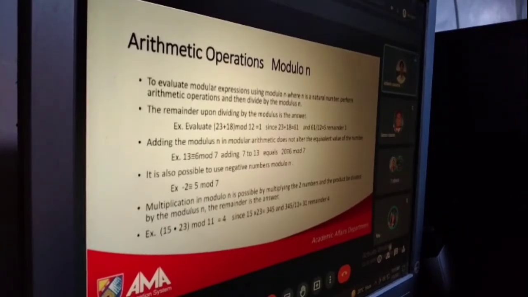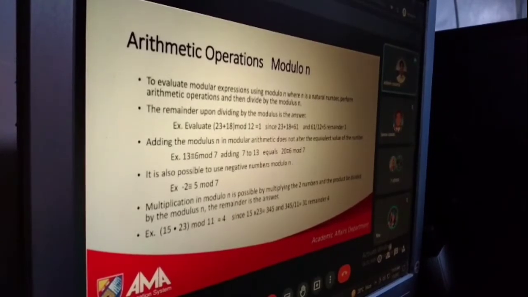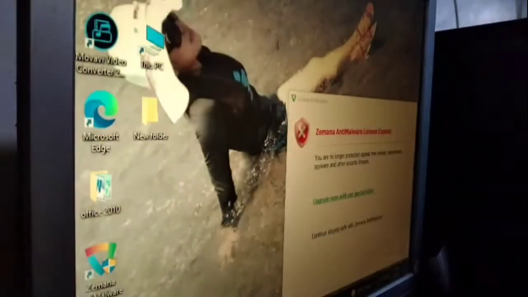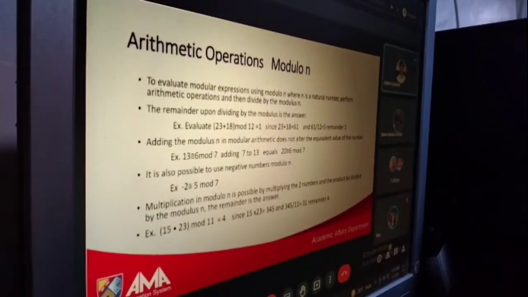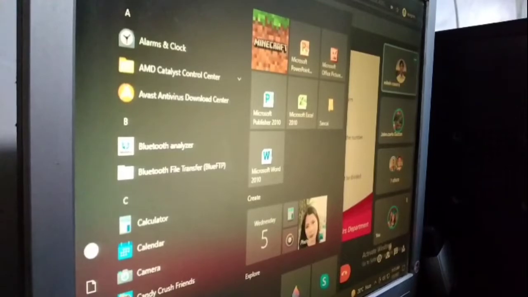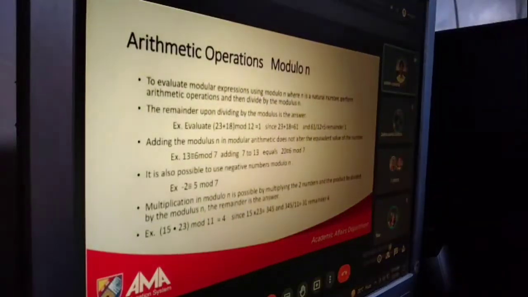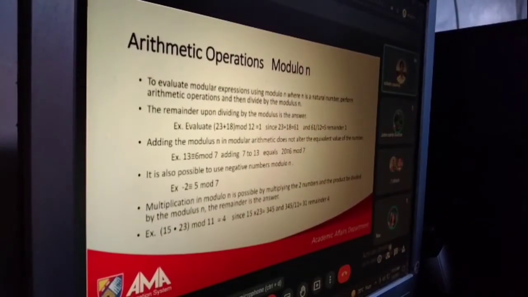Tama ba yan? Paki-check nga. 15 times 23. 345. Okay, 345. Tapos divided by 11.